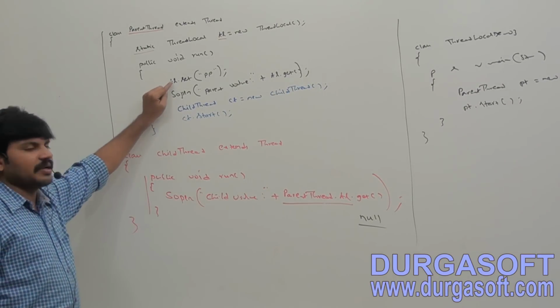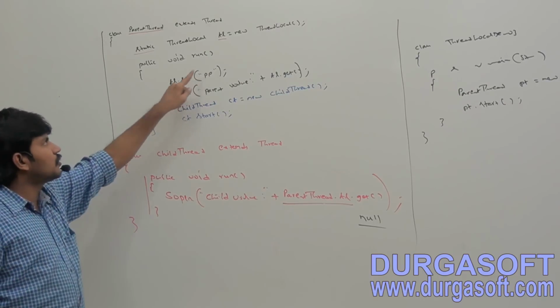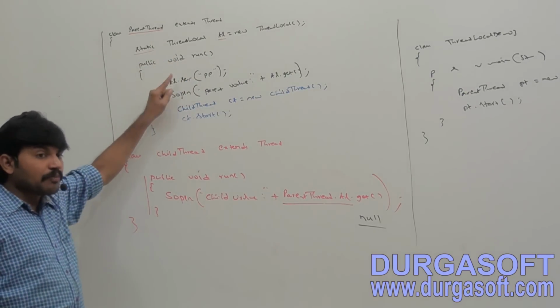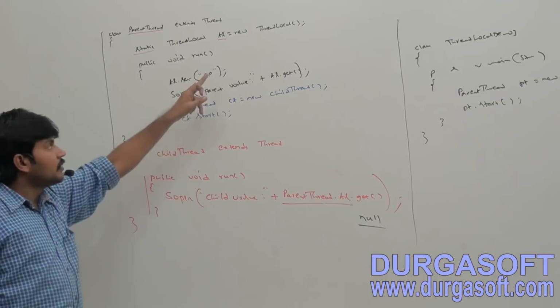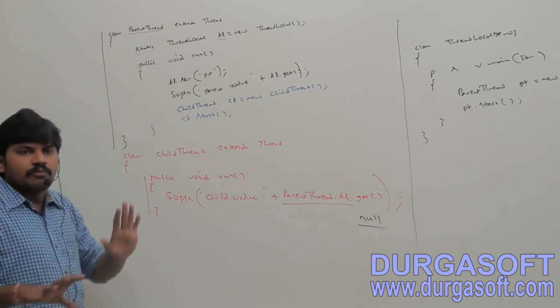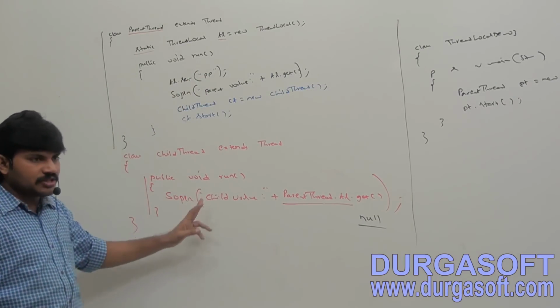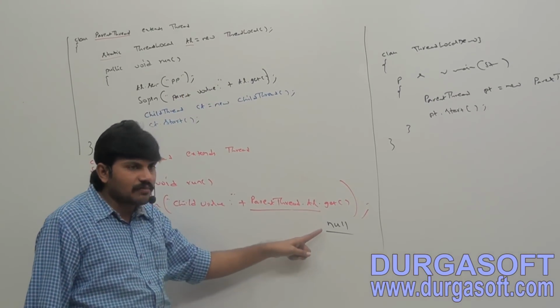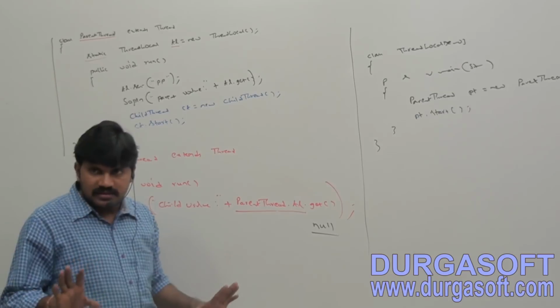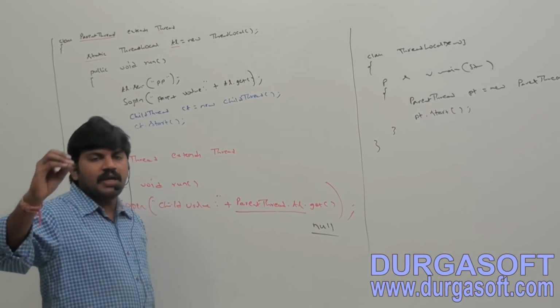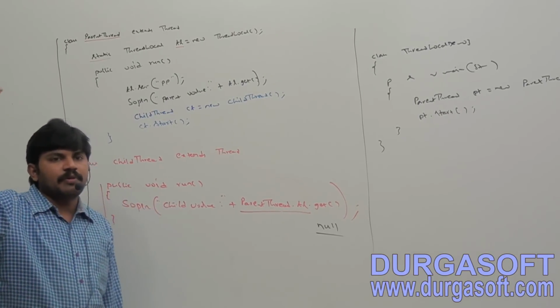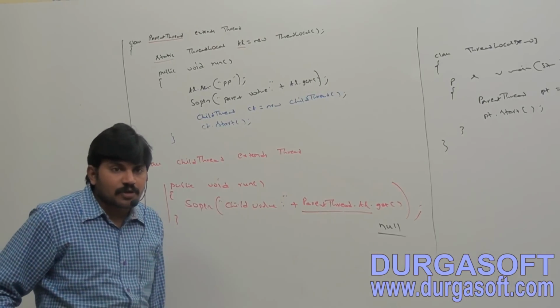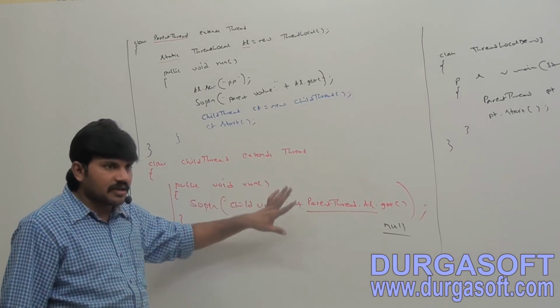Now the parent thread added some value to the thread local object, but the thread local variable value added by a parent thread is by default not available to the child thread. That's why even though the parent thread value is PP, here I'm going to get which value? Null. Is it clear for all of you? This is the clear indication that the parent thread's thread local variable value is by default not available to the child thread.